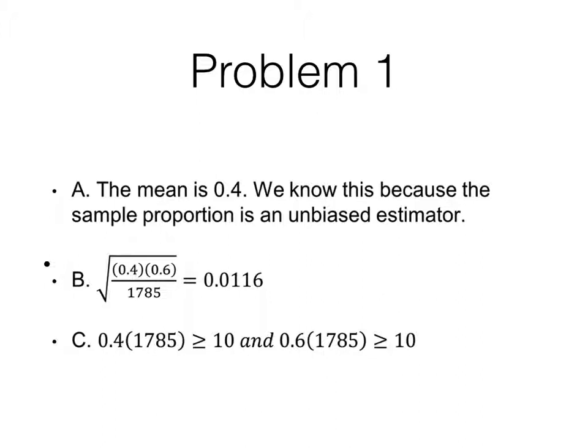For the conditions, the 10% condition does in fact work, because there are more than 17,850 adults. Large counts: 0.4 times 1,785 is greater than 10, and 0.6 times 1,785 is also greater than 10.